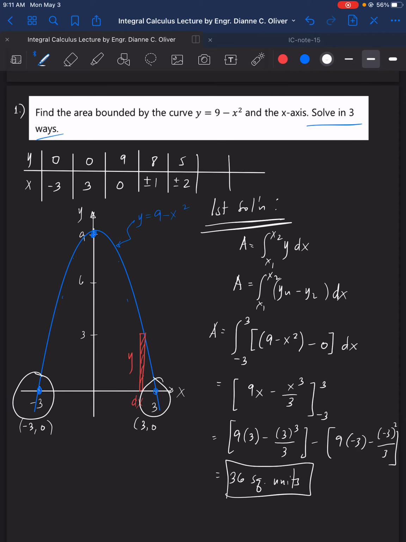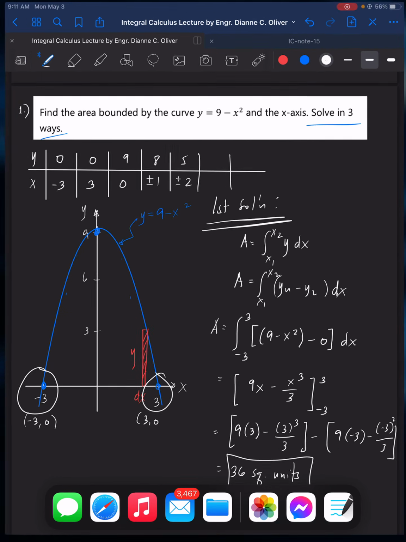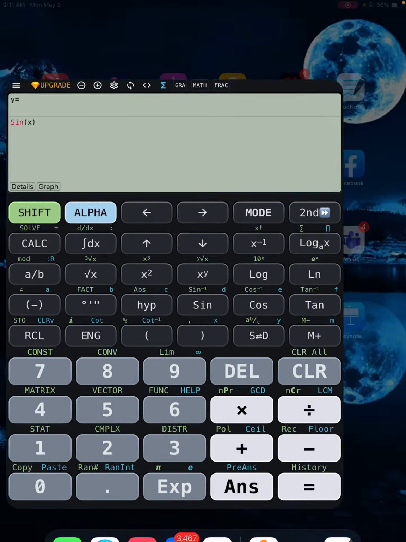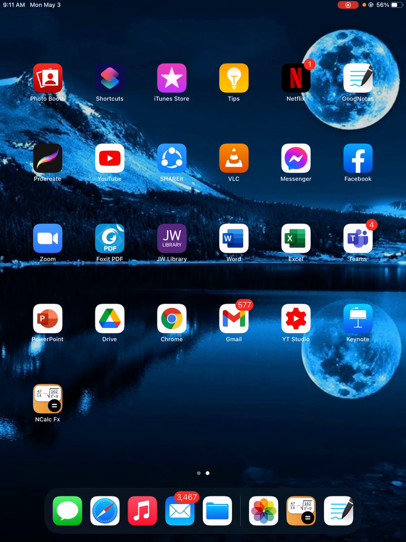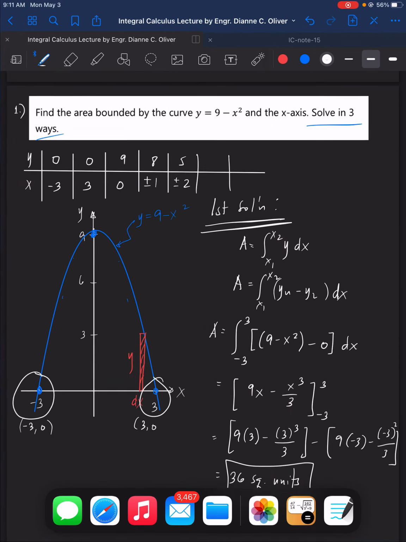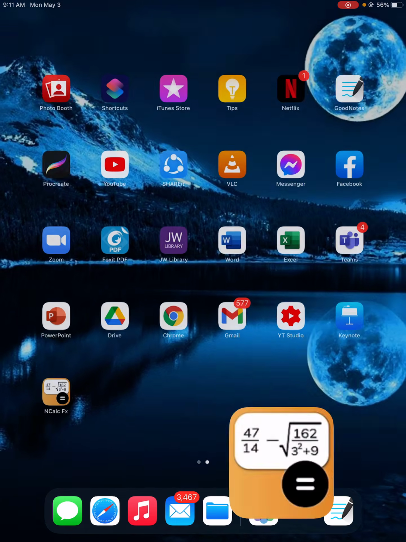Just like in the previous video, we have learned to use our calculator for definite integral. So we can use our calculator here.